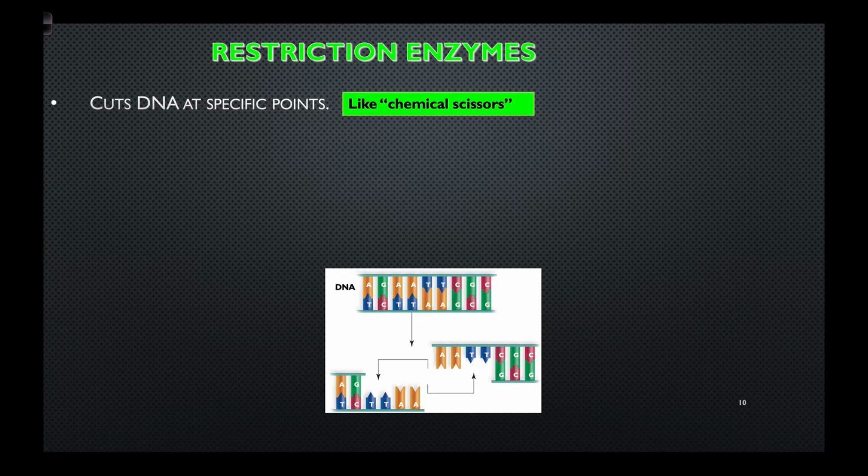So if you look at the example below, we can see the DNA in this 9-base segment right here with its complementary strand on the other side. Now, if we go ahead and we hit that with restriction enzymes, you can see that it's going to make specific cuts. And the cuts that it's going to make are right here between this A and this T, this A and this T, this T and this A, this T and this A. And ultimately it took this longer segment here and cut it into shorter segments with what we know as sticky ends.